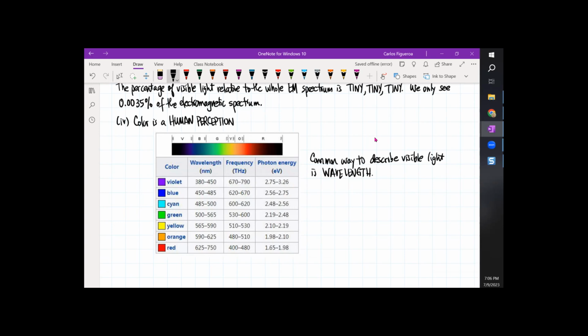So here we go. If we look at the shortest wavelength, and this is violet, the range of wavelength for visible light goes from 380 to 750 nanometers, where this is red.